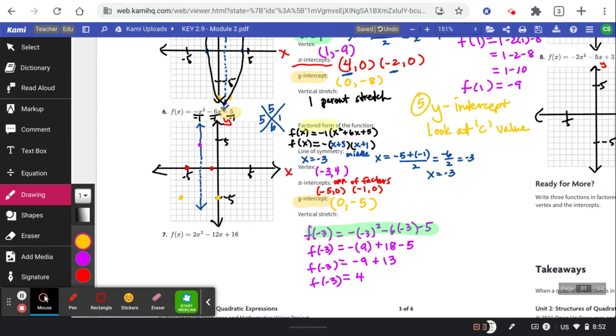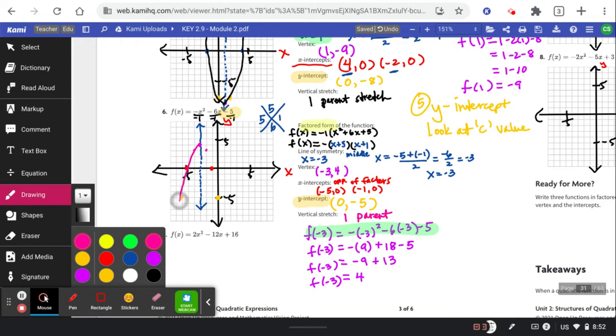And then our vertical stretch this time is still just 1, or the parent stretch. Even though it's a -1, negative is the orientation, just meaning it's upside down. So we know it's going to be out 1, down 1, like that. Go ahead and connect your graph. And that line of symmetry is right through -3.